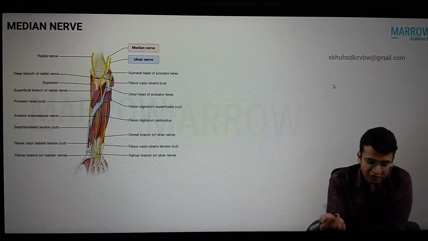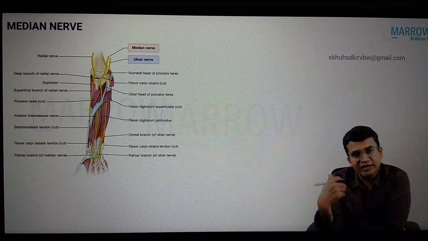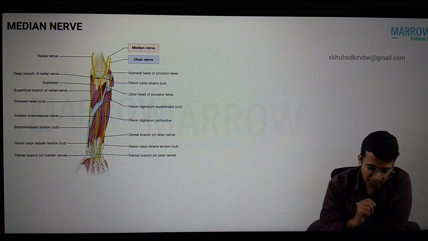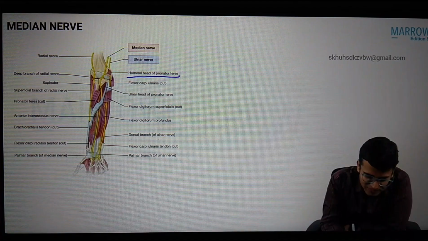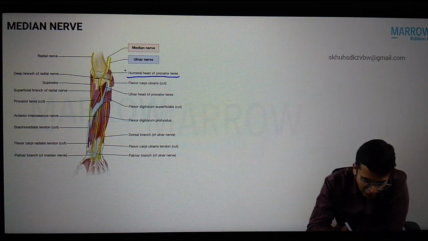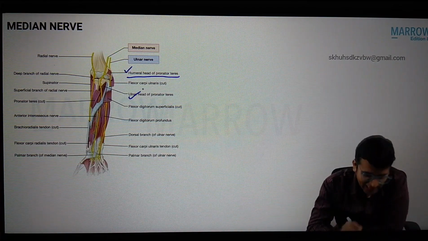Right. So from the cubital fossa, the median nerve enters the forearm. How, sir? By passing between the two heads of the pronator teres muscle. That muscle has a humeral head and an ulnar head.